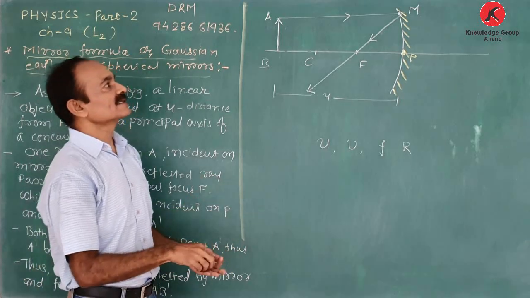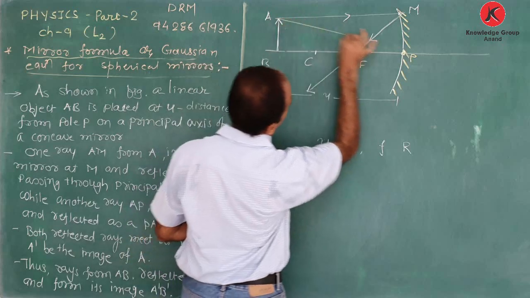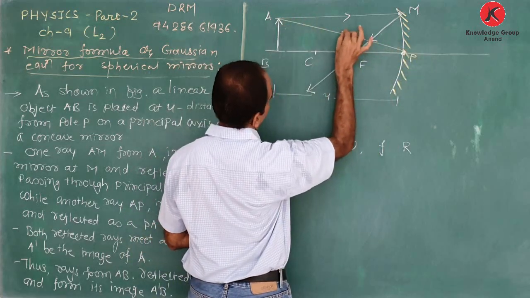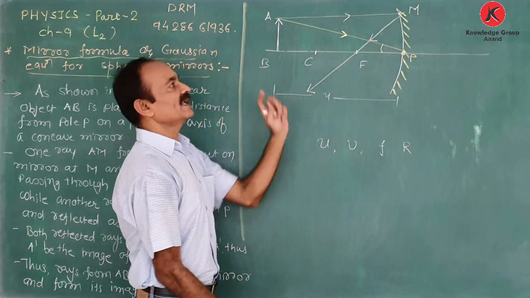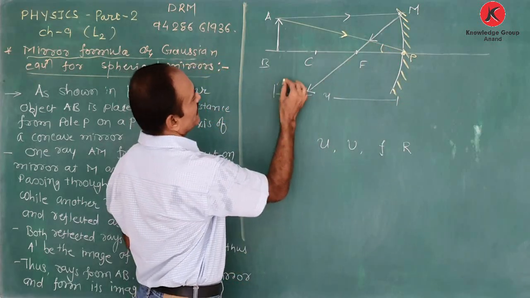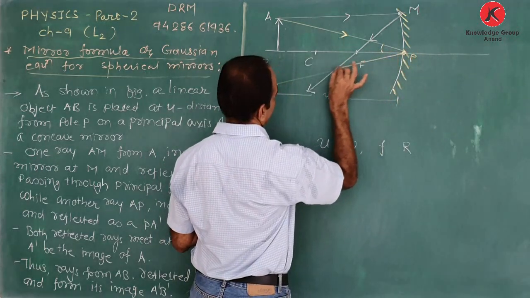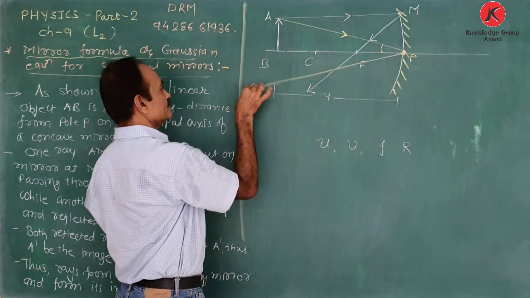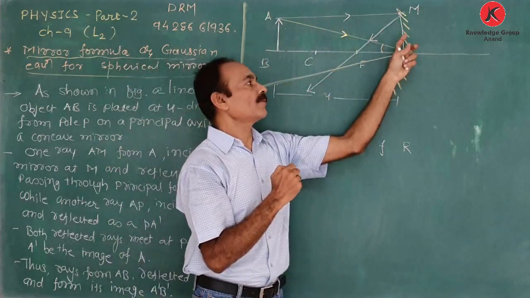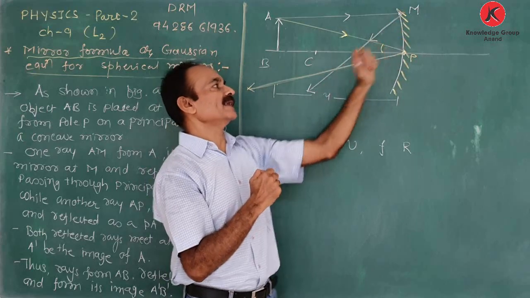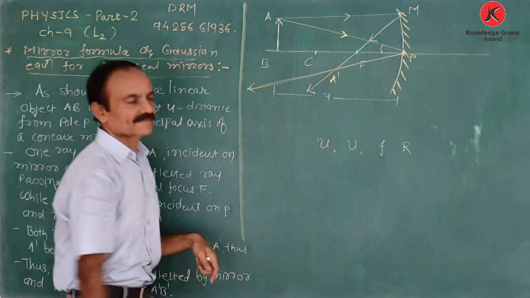Now we consider another ray that is incident at point P from A. So that is the angle of incidence, and at the same angle there is the reflected ray. Therefore, the reflected ray is this. So another ray AP is incident at the pole of the mirror, and after reflection passes along PA dash.